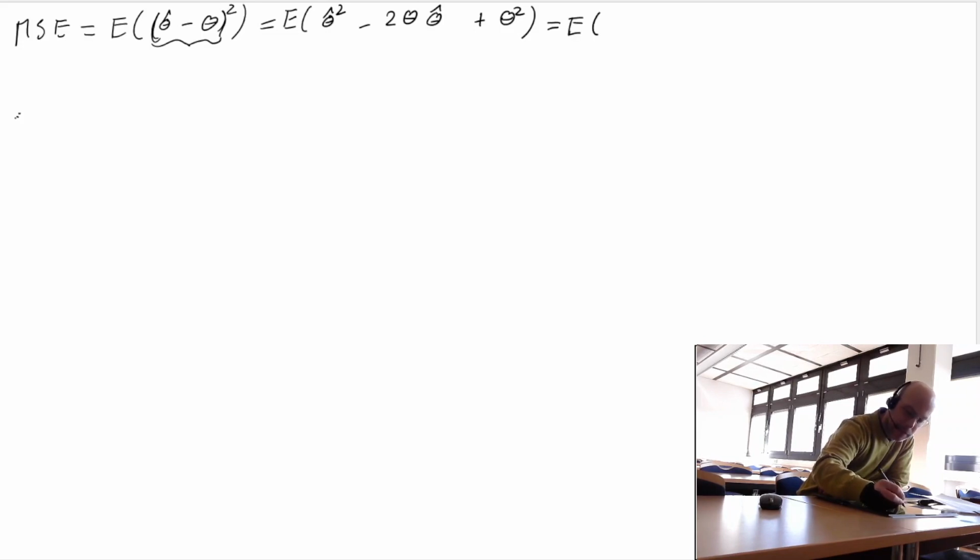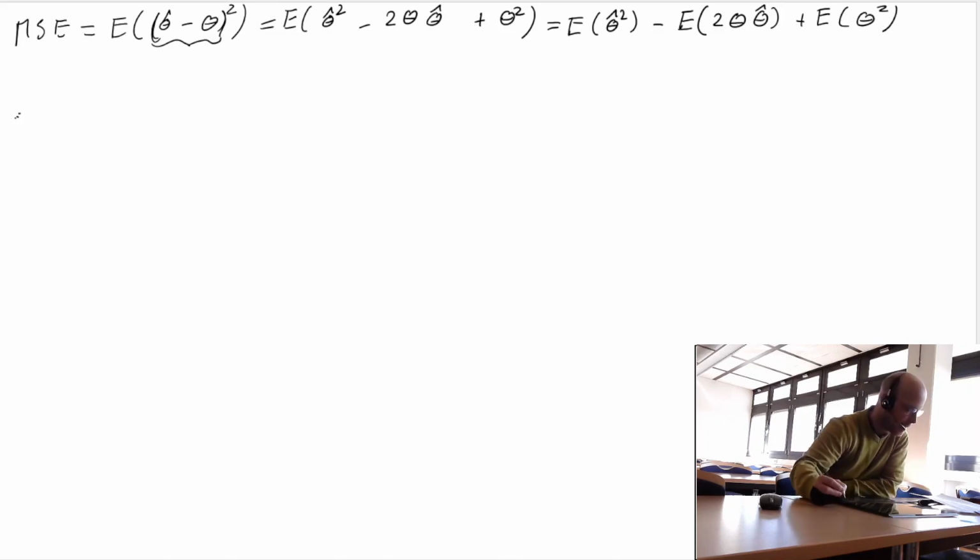expected value of theta hat squared minus expected value of 2 theta theta hat plus expected value of theta squared.